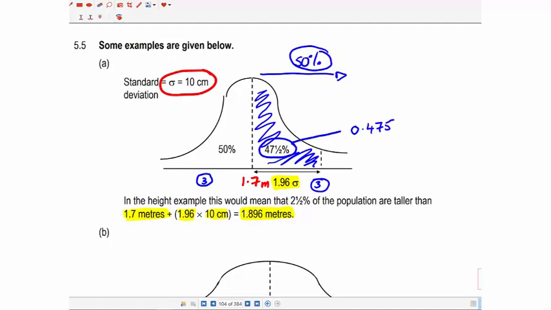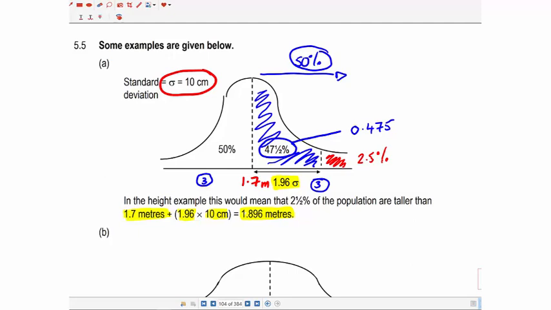We reminded you earlier that the area under the curve adds up to 100% and 50% sits above the mean. So if 47.5% of the population sit within 1.96 standard deviations of the mean, that says to me that 2.5% of the population sit above this height.